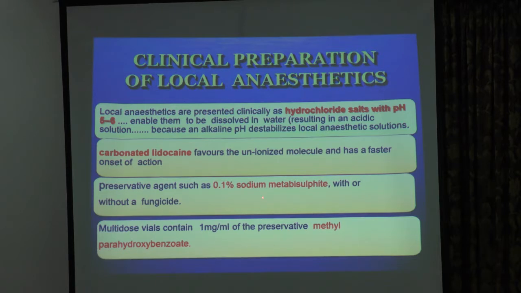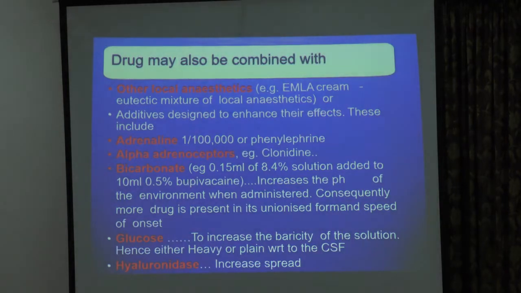We can have preservatives like sodium metabisulfite, and at times even fungicides with them in those small dose vials. But then the multi-dose vials will have methyl parahydroxybenzoate in there. You can also combine two local anesthetics together, like EMLA, which is a eutectic mixture of local anesthetics.